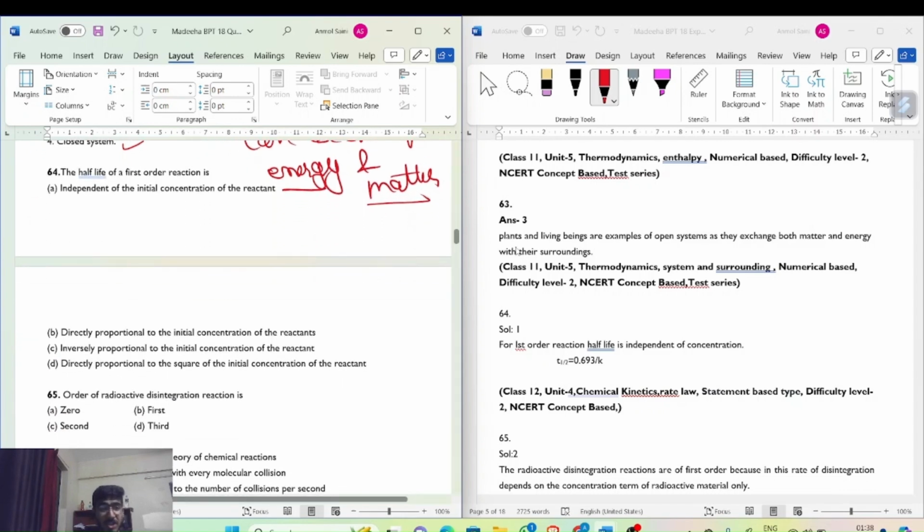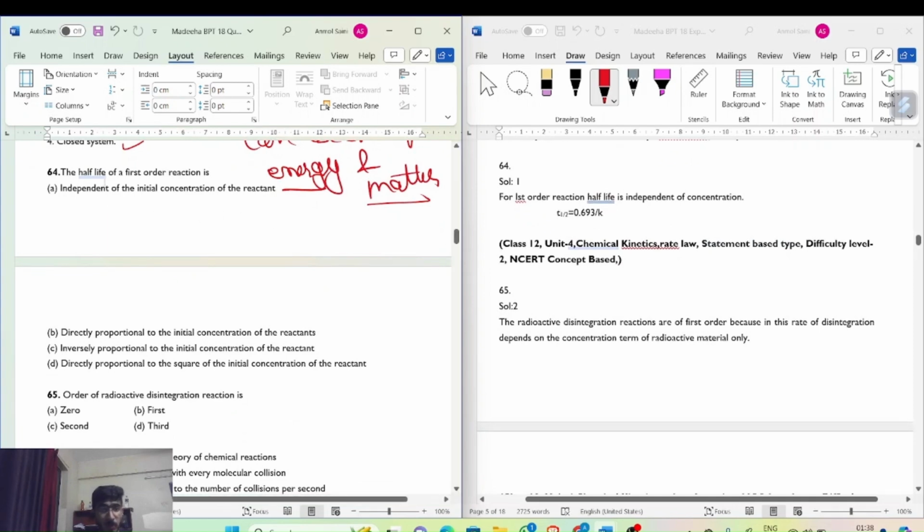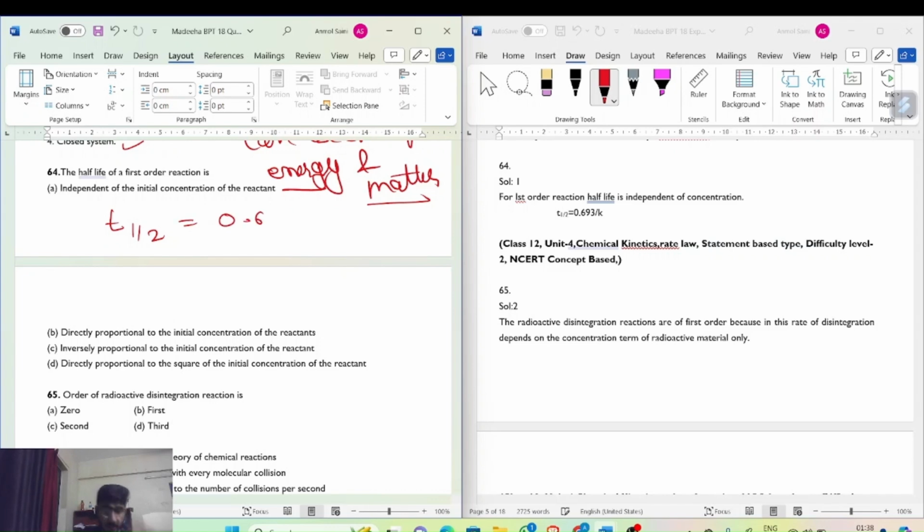Now question number 64. The half life of a first order reaction is, we know that the half life of first order reaction will be 0.693 divided by k. Now let's read the options.